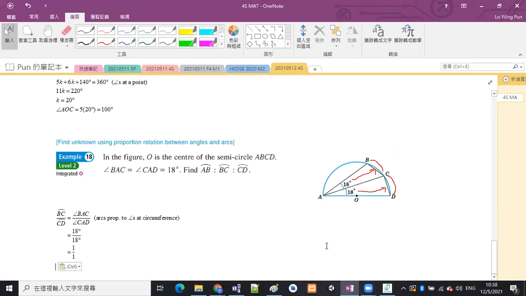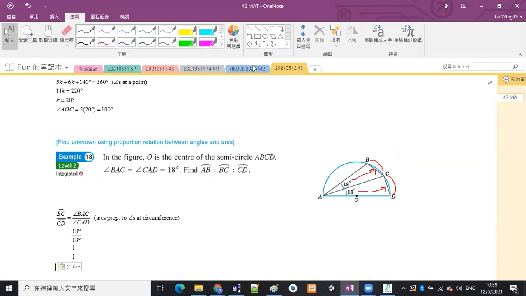Okay, just a typing mistake. And then how to connect with the arc AB here. We need to find an angle which is looking at the arc AB. Okay, but as we have used angle at circumference in the previous angles, therefore we also need to use angle at circumference which is looking at the arc AB.